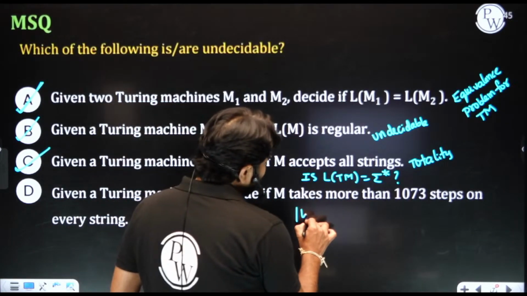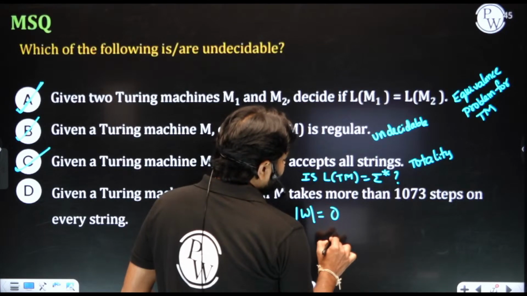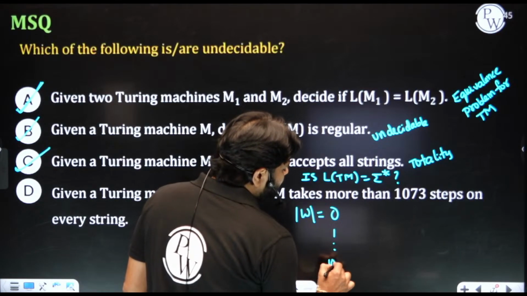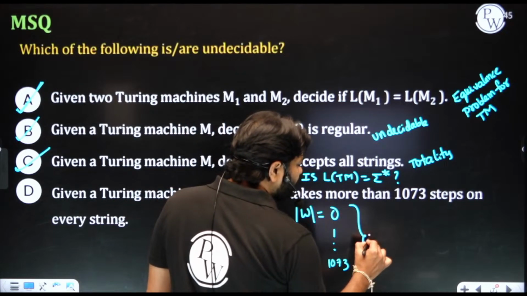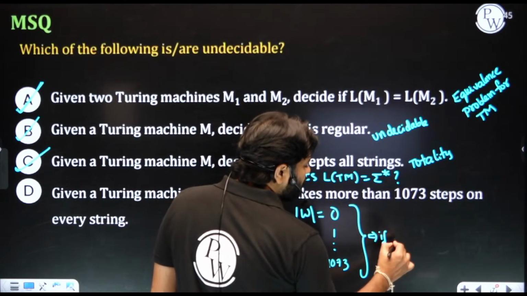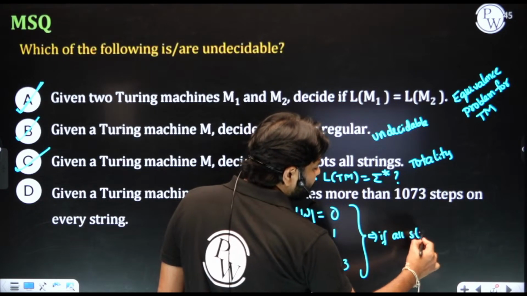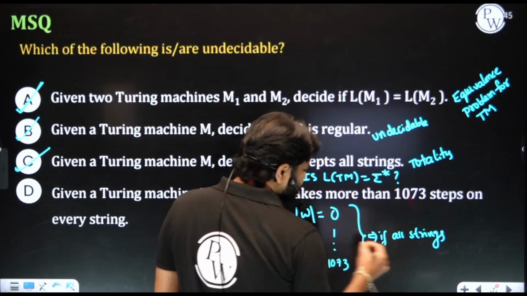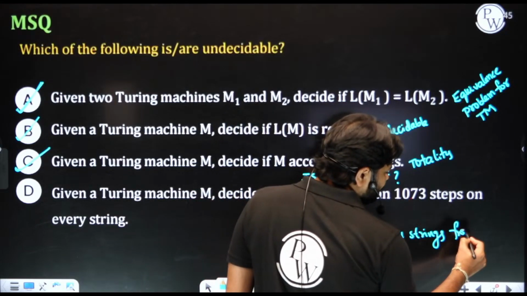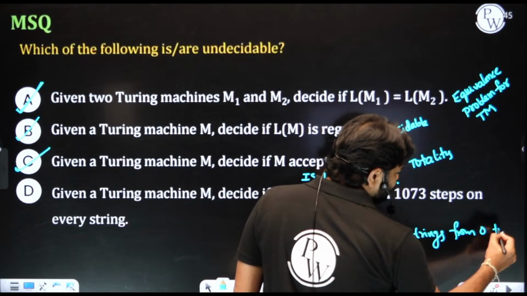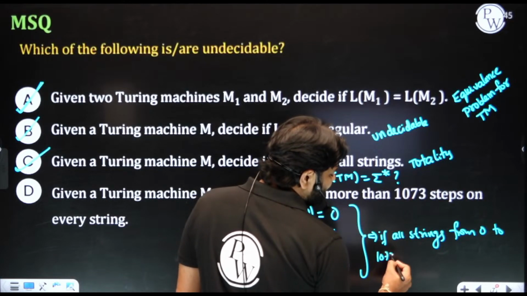So length of W equals 0, 1, up to 1073. All these strings, verify, are they taking more than 1073 steps?